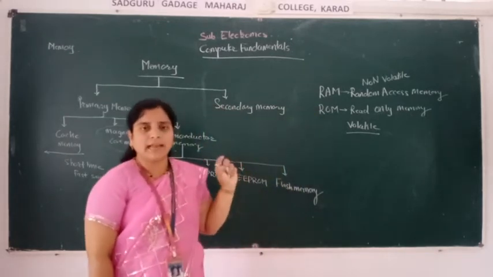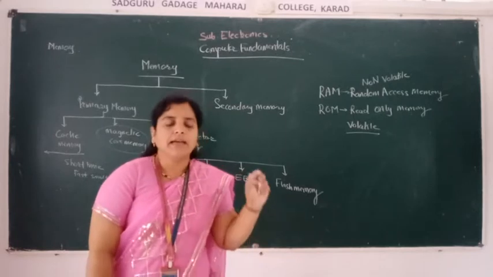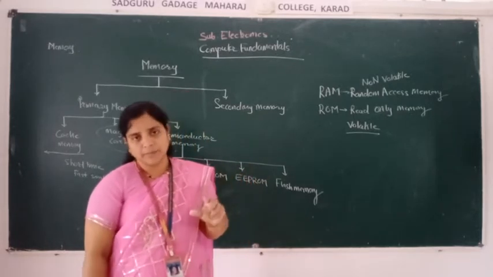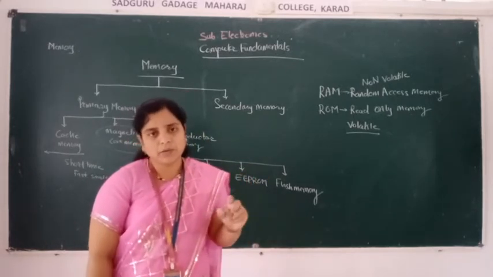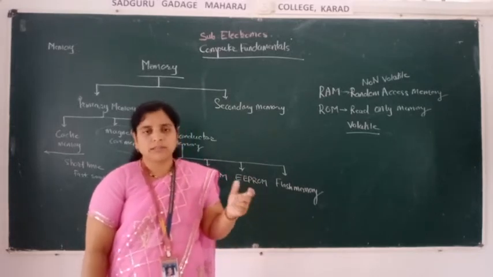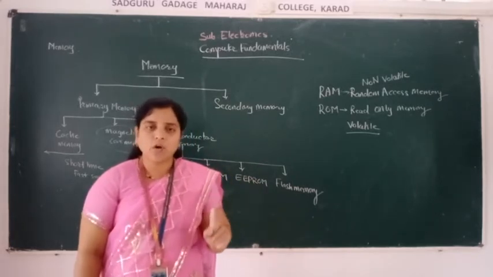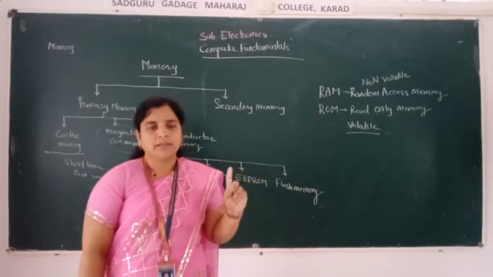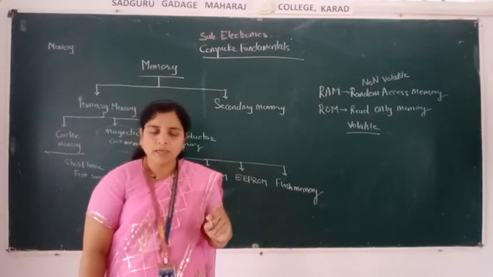ROM means read-only memory, and RAM means random access memory. In random access memory, you can both read and write, but in the ROM you can only read. ROM is volatile.